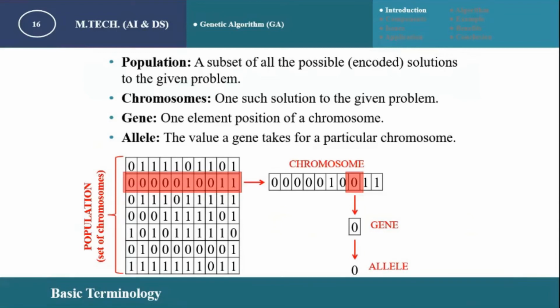In this type of representation, the alleles a gene can take are only 0 and 1. 0 is one allele, and 1 is the other. A number of genes together make a chromosome, and a number of chromosomes together make a population.